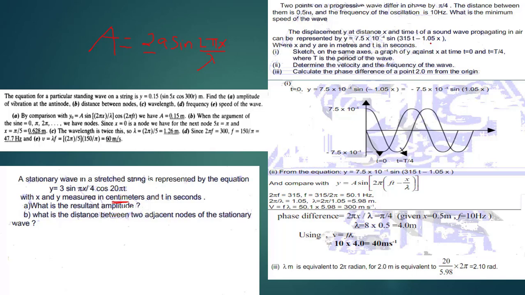Okay, so you have the displacement y at distance x and time t of a sound propagating in air, which can be presented by that. Well, okay, these are two different questions.